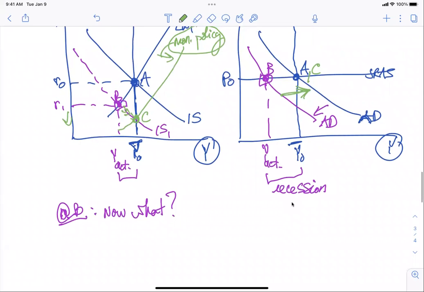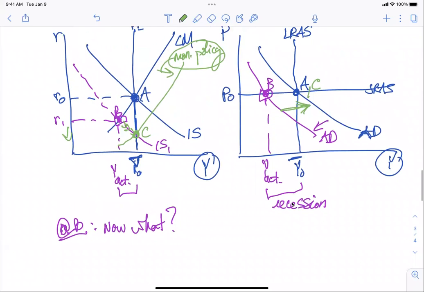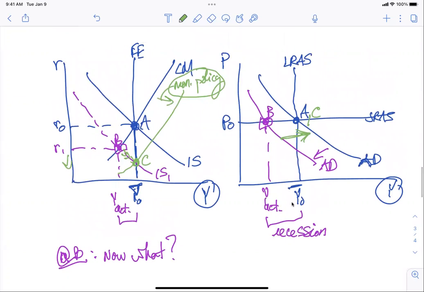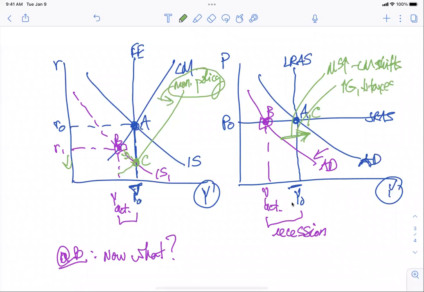So we can use monetary policy to get back from B back to full employment. We can shift aggregate demand by increasing the money supply, right? The LM curve shifts right. How else could we shift aggregate demand back? Increase government spending, reduce taxes. Fiscal policy, right? You reduce taxes, consumption goes up.